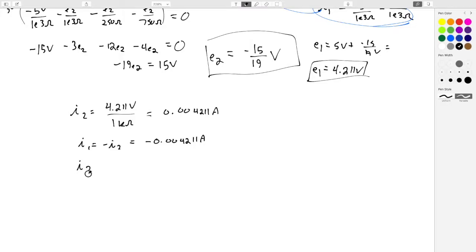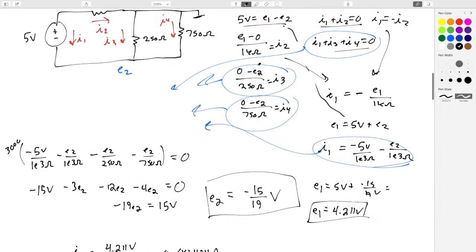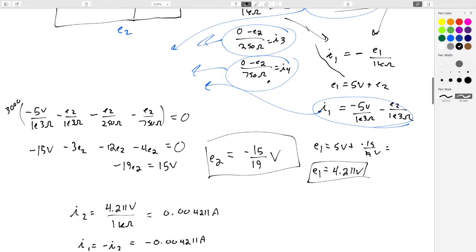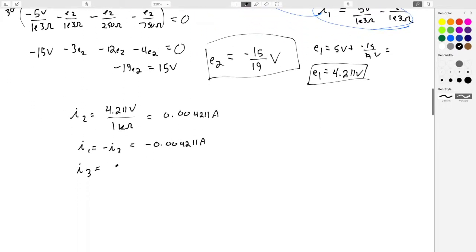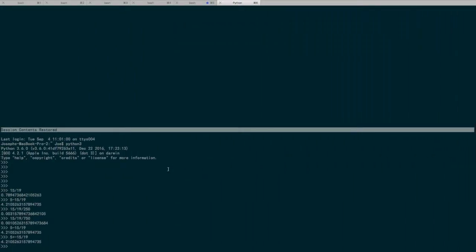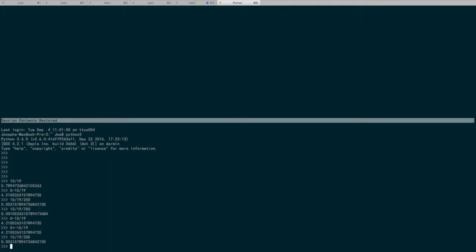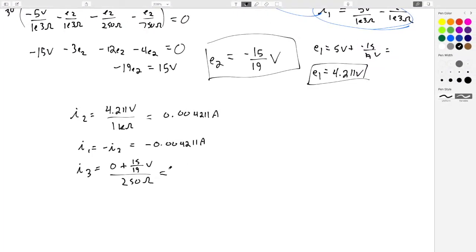Okay, I3 equals what? 0 minus E2 over 250 ohms, so that'll be 0 minus negative 15 over 19, so that's plus 15 over 19 volts over 250 ohms. We already know the answer to this if you've been following along, but let's just do it out anyways. 15 over 19 divided by 250 is 0.0032, what was it again?